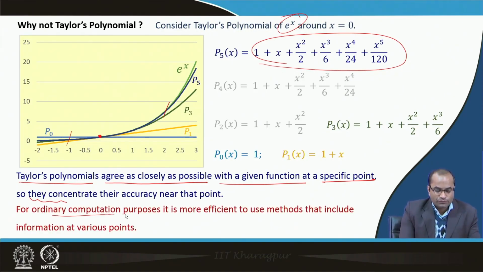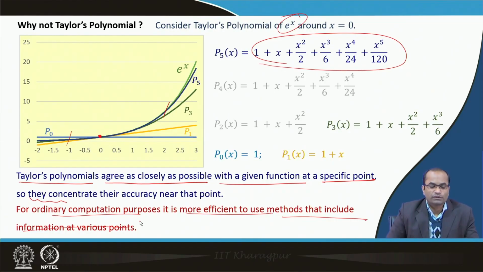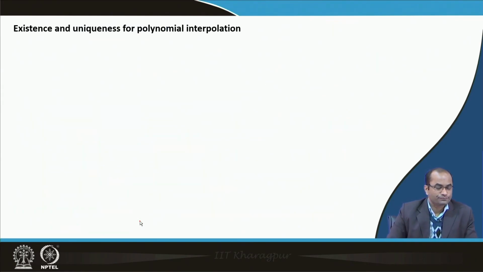So, for ordinary computation purposes, it is more efficient to use methods that include information at various points, not just a particular point, because in many applications, many experimental results we have at different points the given data, and then we want to know which polynomial fits the given data points best.